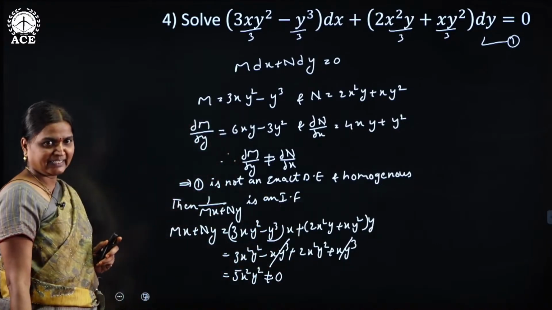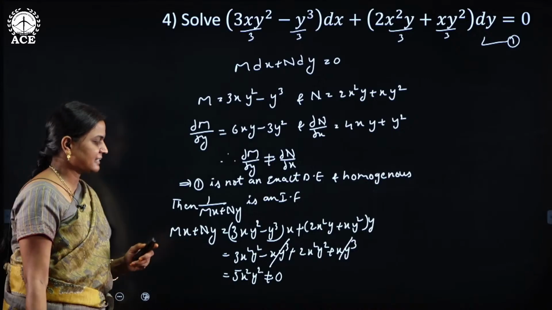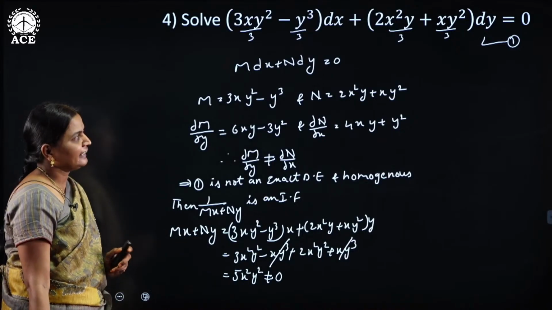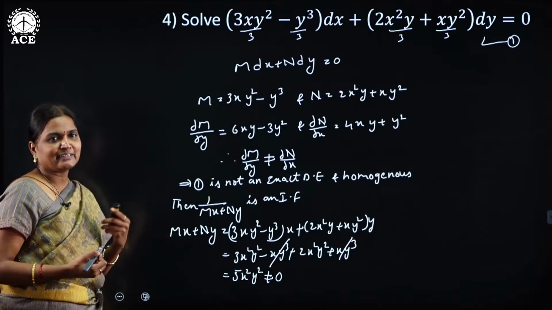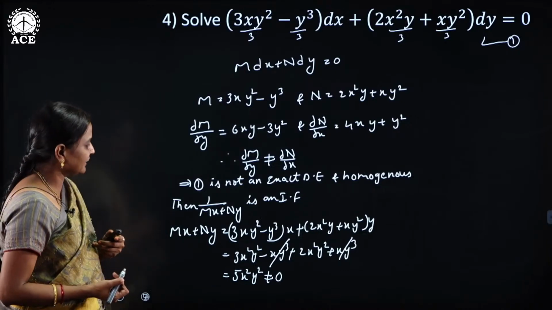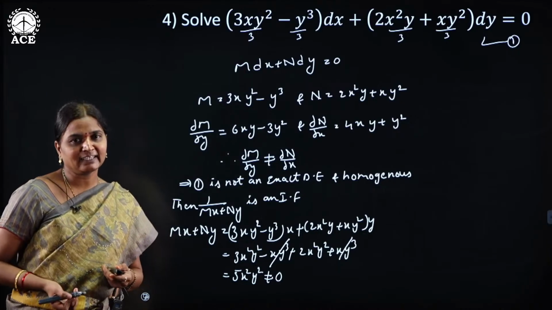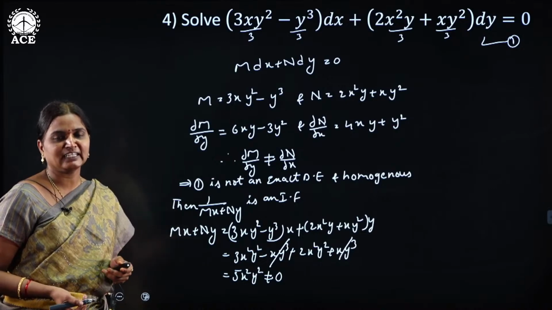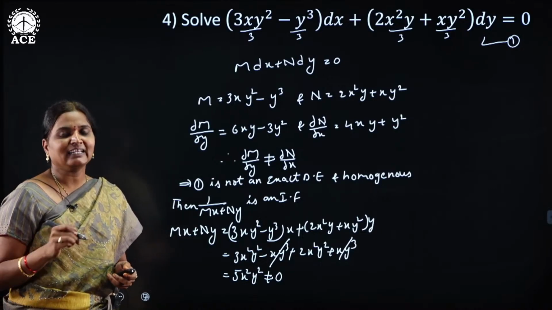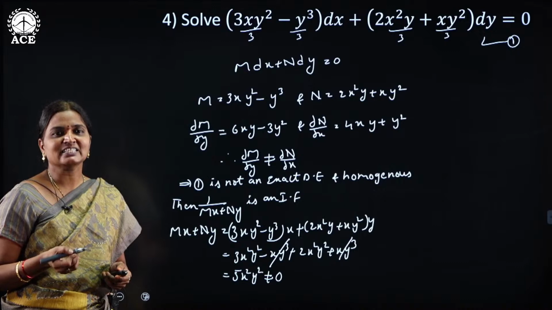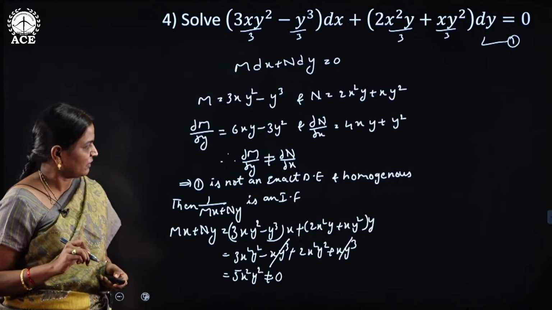So now what is the integrating factor? Since Mx + Ny is 5x²y², the integrating factor is 1/(5x²y²), that is 1/(Mx + Ny). What is the next procedure? After finding the integrating factor, multiply the given differential equation with this integrating factor, and we get a new differential equation which is an exact differential equation.